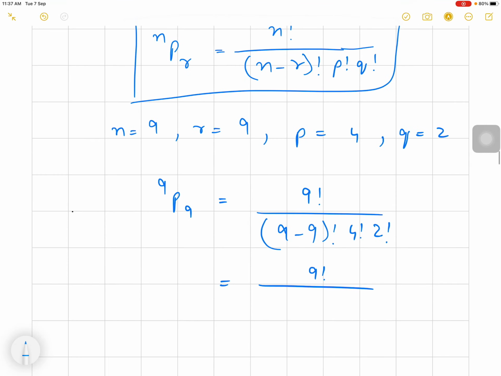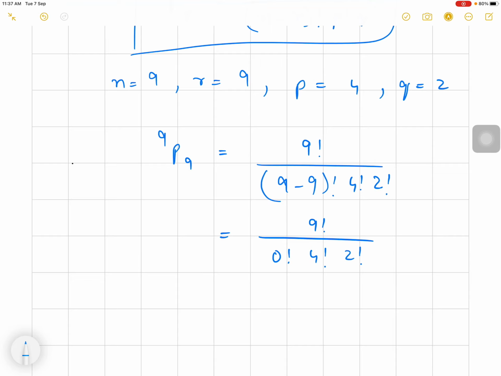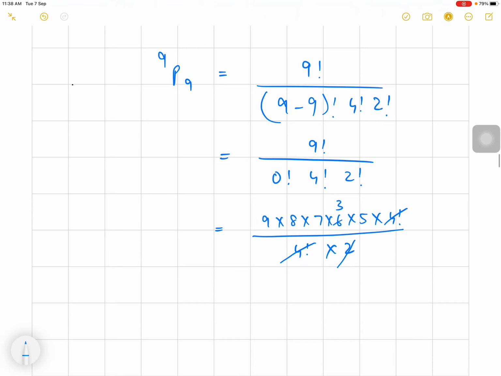So 9 factorial divided by 0 factorial into 4 factorial into 2 factorial. 9 factorial can be written as 9 into 8 into 7 into 6 into 5 into 4 factorial. 0 factorial is 1, 4 factorial I can write as it is, 2 factorial is 2. 4 factorial I can just cancel. 2 ones are 2, 2 threes are 6. So 9 into 8 into 7 into 3 into 5.